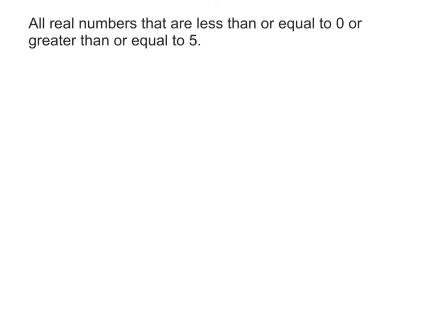All right, we have all real numbers that are less than or equal to 0 or greater than or equal to 5. Let me go ahead and draw the separate graphs first. So we have 0, 5, and I'll throw -2 in here.